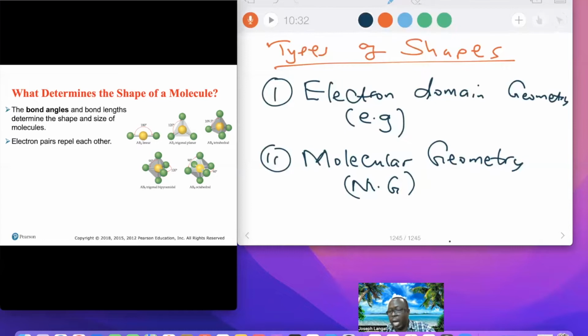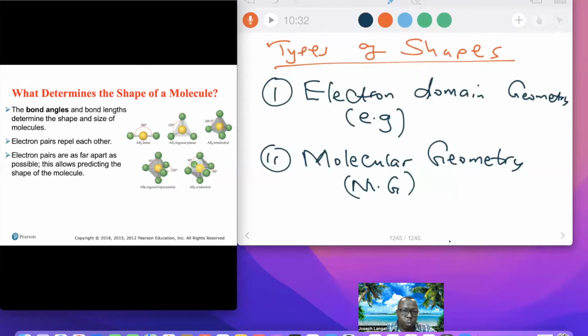Remember, electrons are negatively charged, and if we have lone pairs, they tend to repel one another. They stay as far as possible from one another because of the negative charge. So electron pairs are as far apart as possible. This allows predicting the molecular shape.